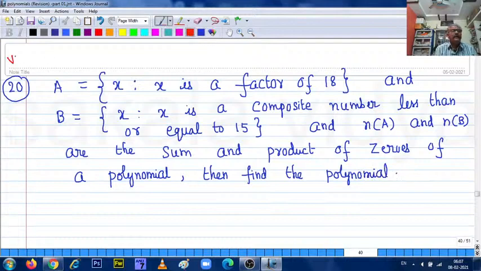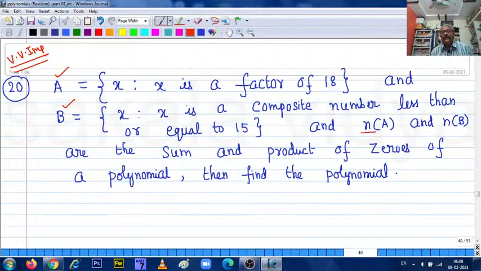This is a very, very important problem. This problem is called a connection problem. It is connected to the sets chapter as well as the polynomial chapter, my dear children. It's very easy. Set A is in set builder form, which means we need to write the roster form or list form of set A. Similarly, set B is given in set builder form. You need to write a list form.